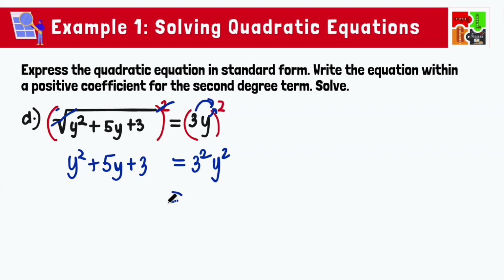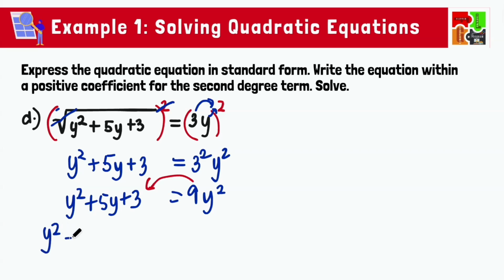Sige, let's simplify. We have y squared plus 5y plus 3. 3 squared, that is going to be 9. y squared will remain. Then we combine like terms. When we make it a standard form, yung 9y squared, ililipat natin sa kabila. So when we transfer 9y squared to the other side, we have y squared minus 9y squared plus 5y plus 3.